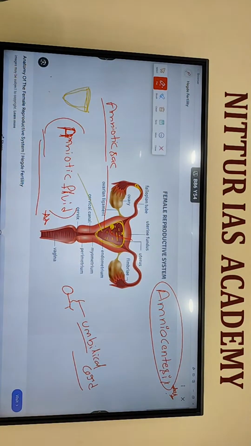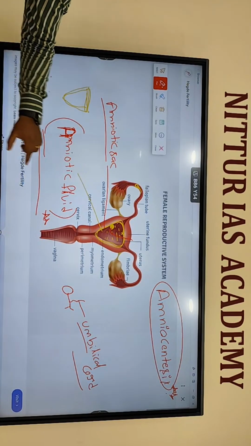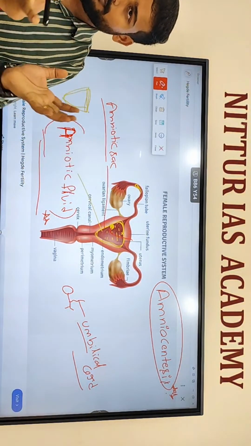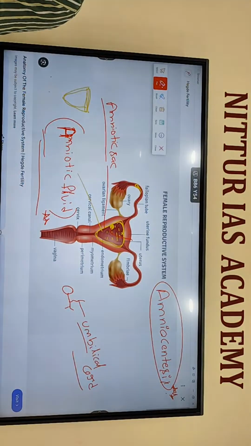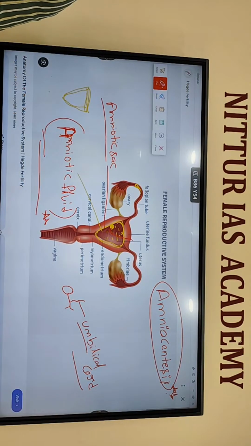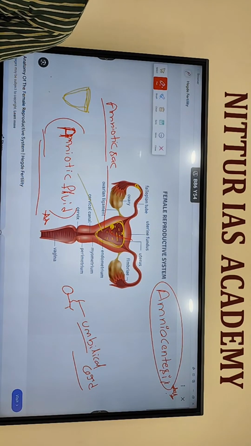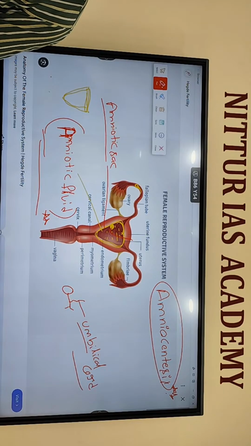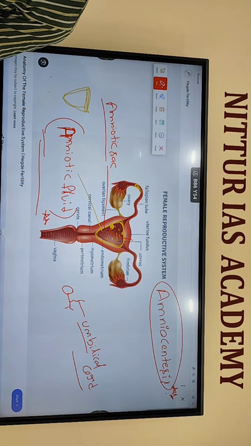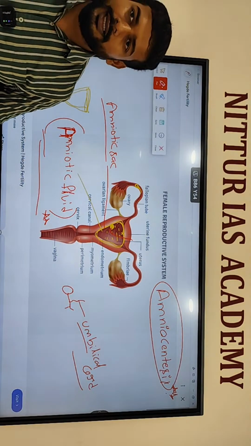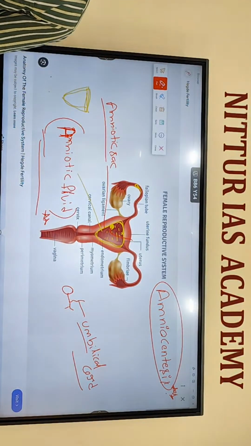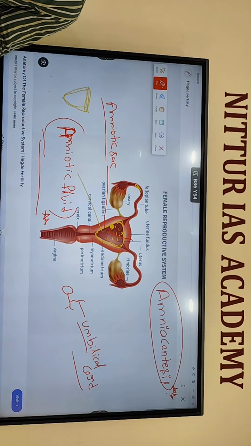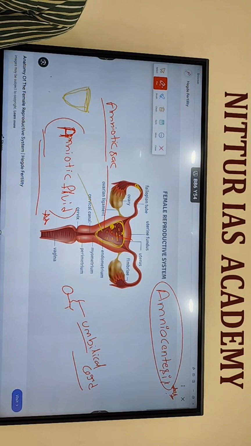Amniocentesis means injecting a syringe into this pouch sac inside which the embryo is present and taking out that fluid to test if the child is having any genetic disorder. Fetal abnormalities and genetic diseases can be detected with the help of amniocentesis.